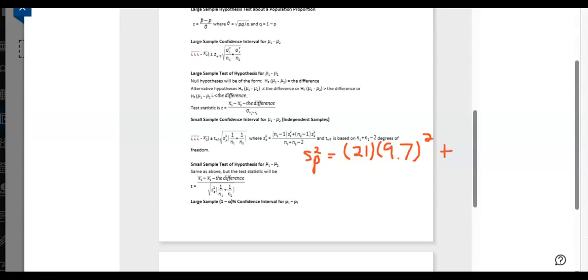And then the second sample size was 13, so 13 minus 1 is 12, times our second standard deviation of 19.1, squared.